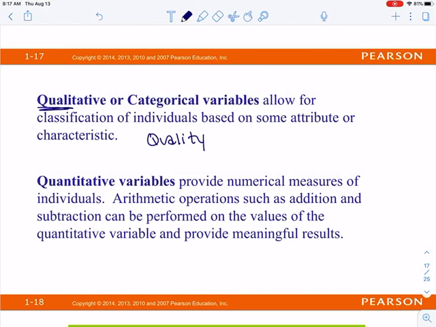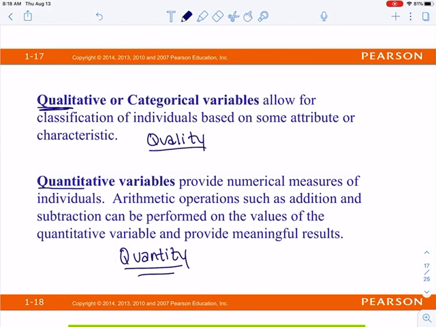A quantitative variable provides a numerical measure of an individual. Arithmetic operations such as addition and subtraction can be performed on the values of a quantitative variable that provide meaningful results. So in the beginning of this, you can almost see the word quantity. So we have a quality and a quantity.